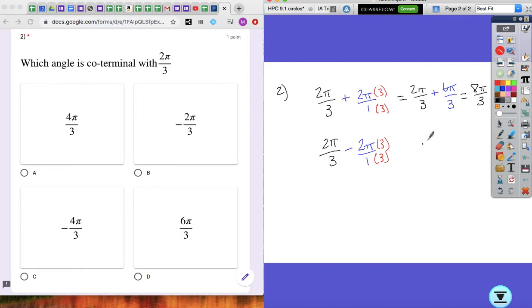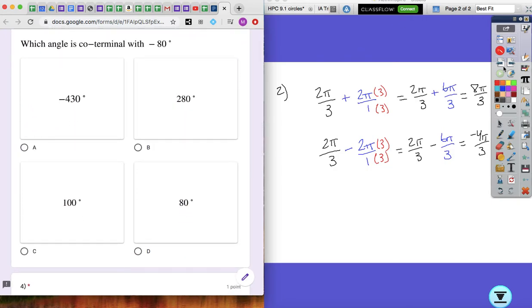They would end up in the exact same spot. And for this one, I would have 2 pi over 3 minus 6 pi over 3. And then I would get 2 pi minus 6 pi, which would be negative 4 pi over 3. And let's see if any of those answers are possible. Yep, negative 4 pi over 3. Looks like it.